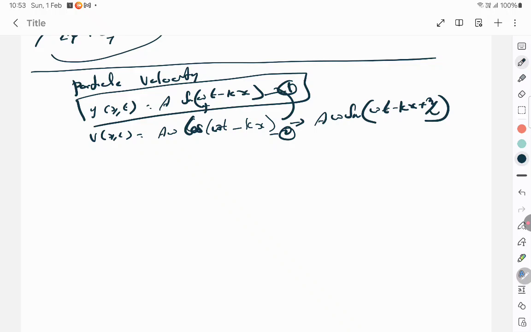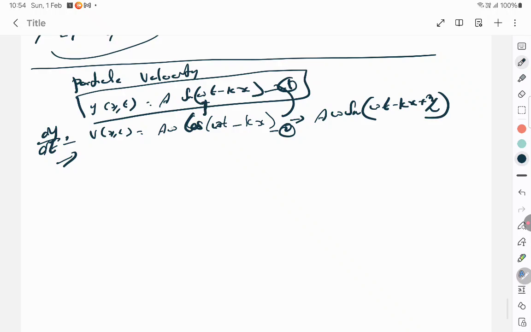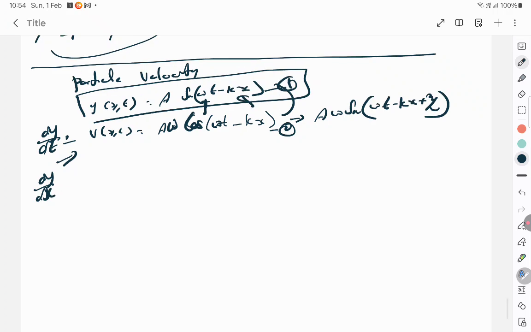So now, you got this velocity where you differentiated dy with respect to dt. That's why you got a coefficient of ω. Now take the same thing and differentiate with respect to dx. With respect to position, you get −Ak cos(ωt − kx), because x will get differentiated as per the chain rule and it will become minus.